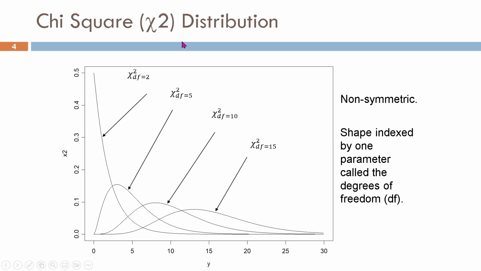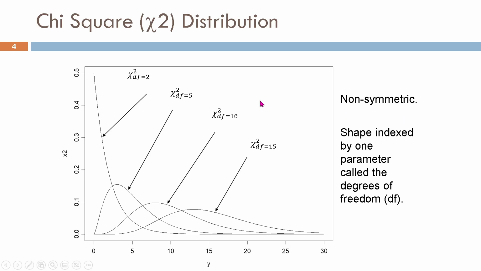where we start with degree of freedom 2, and when we increase the degree of freedom, the graph becomes almost normal. Initially the chi-squared graph is non-symmetric and takes positive values, not like the normal and t distribution graphs, which are symmetric.